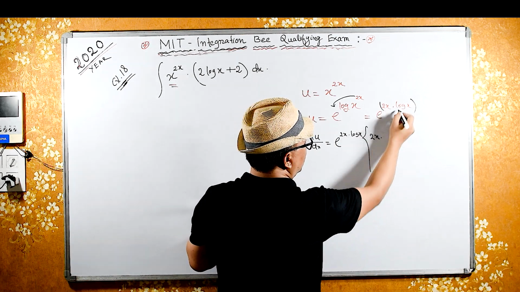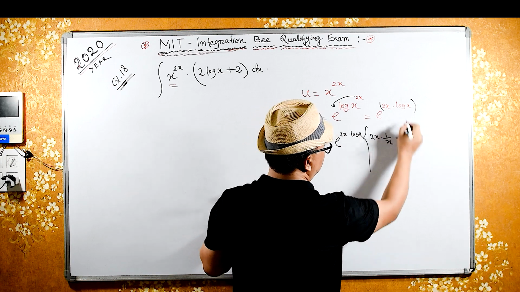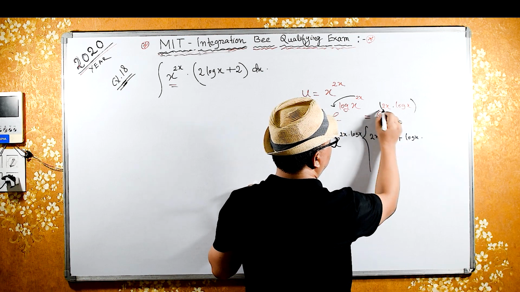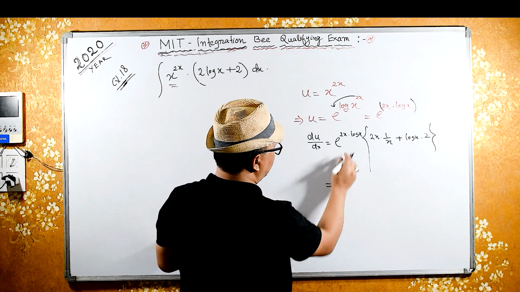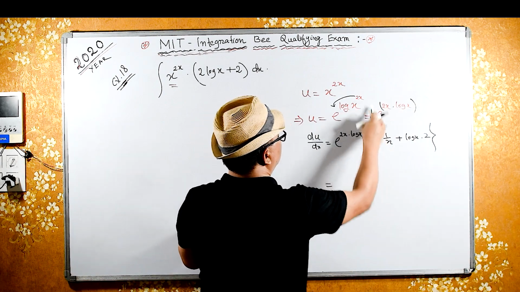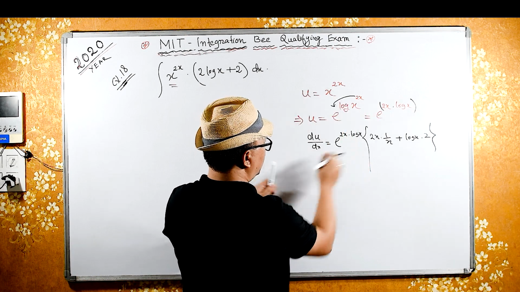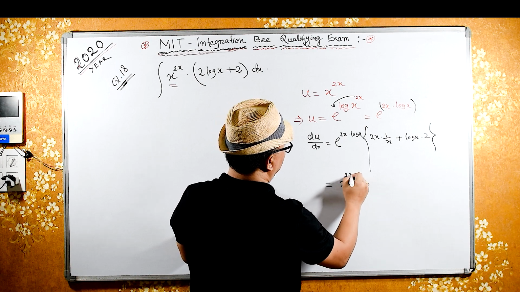Twice x times d by dx of log x, which is 1 by x, plus log of x times d by dx of twice x, which is 2. The whole term e raised to 2x log x is the same as x raised to 2x.